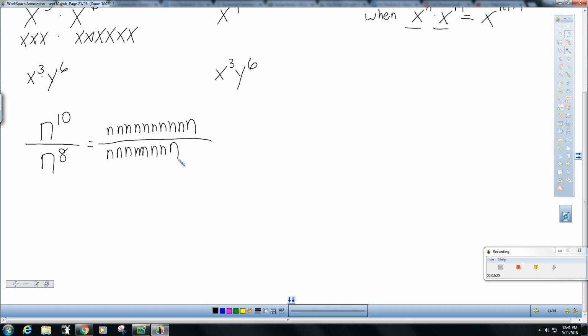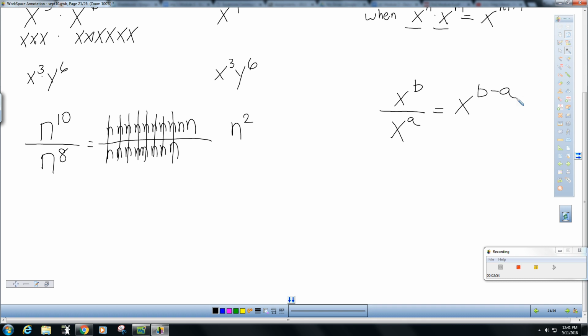You have 8 n's on the bottom. What's n divided by n? It's 1. So there's a 1, and there's a 1, and there's a 1, and there's a 1. And how many do we have left? The answer is n squared. So what's a rule? If you have x to the b divided by x to the a, the answer is x to the b minus a.